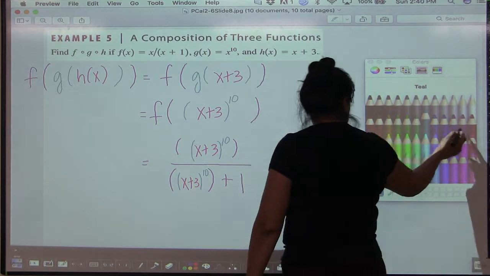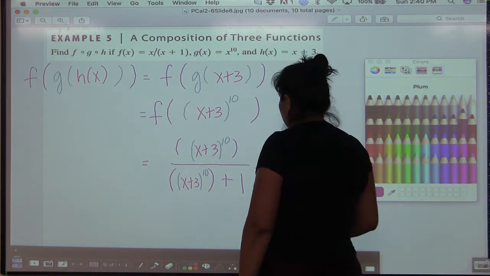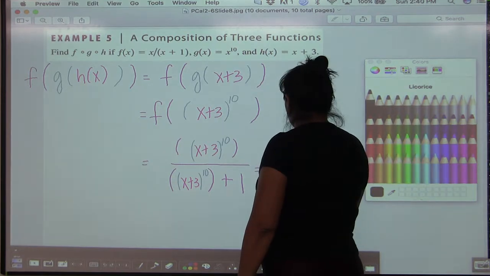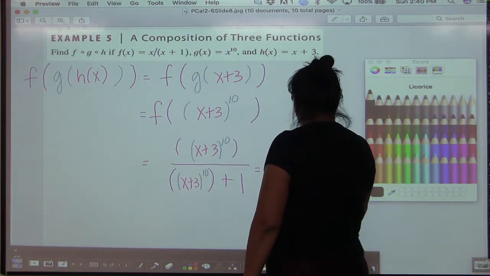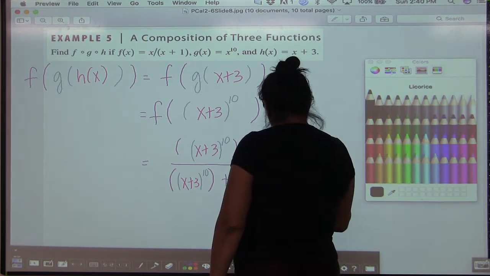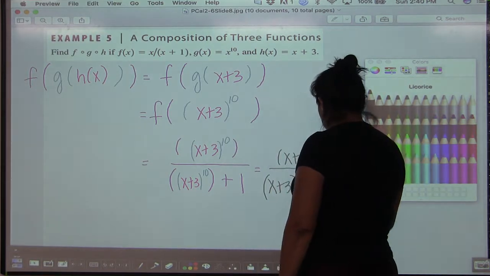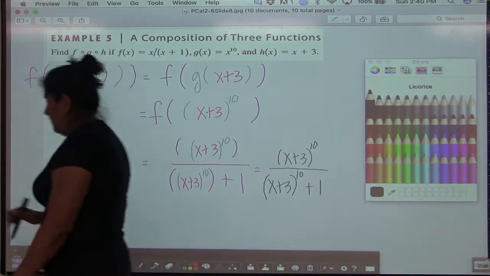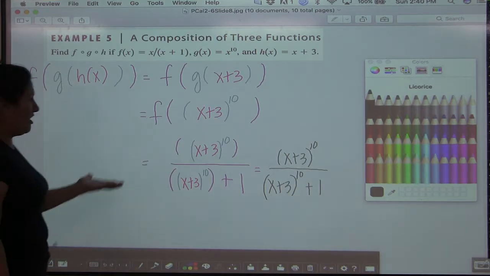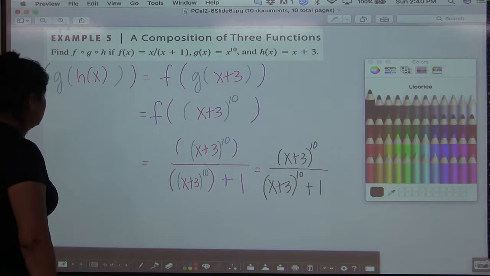Now, if you want, you can just simplify everything at the very end because I don't think you need all of these parentheses anymore. But you do need the x plus 3 to the 10th power on top and the x plus 3 to the 10th power on the bottom plus 1. All right, and this one, it didn't actually say to find the domain or anything, so we're good to go. See, I told you that was a little bit easier than the last ones.